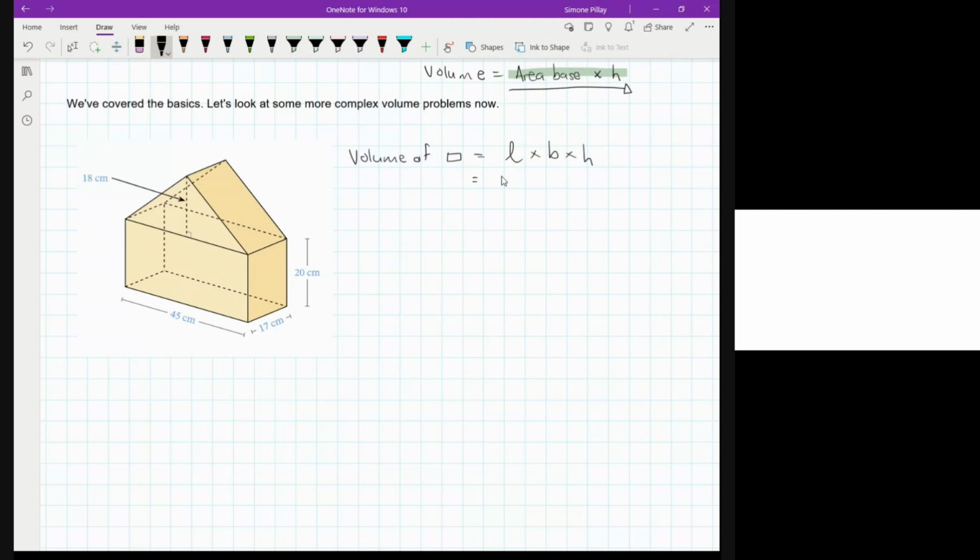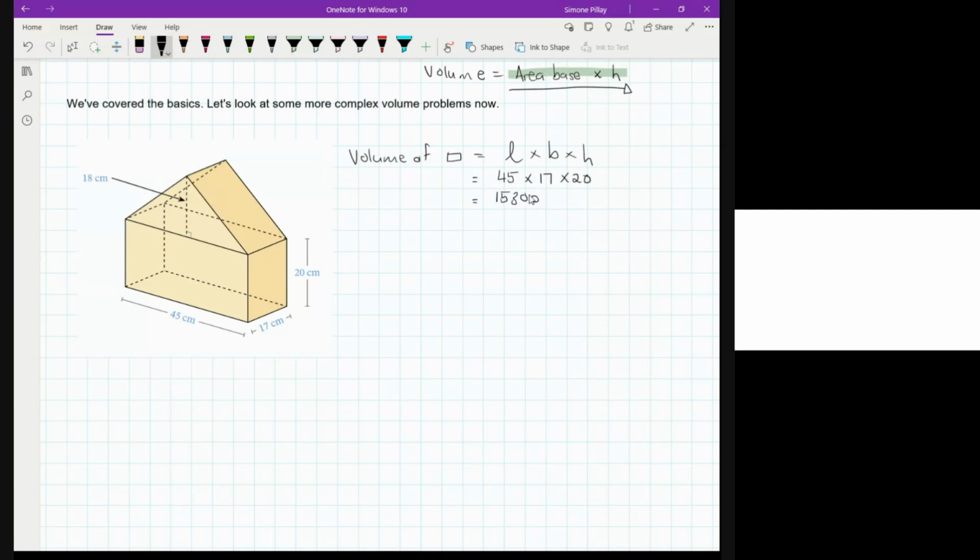So, ma'am, we're going to say 45 centimeters times 17 centimeters times 20 centimeters, which is going to equal 15,300, ma'am.